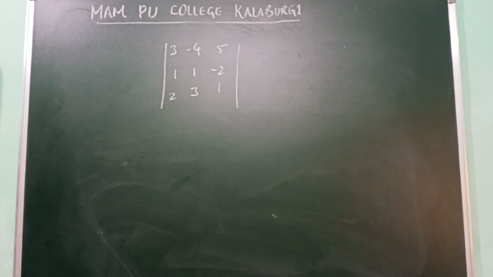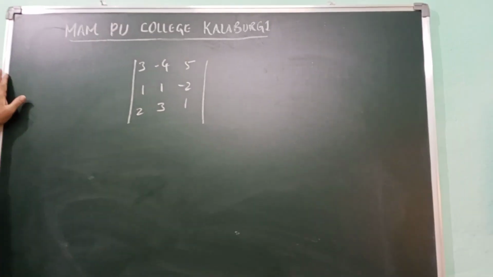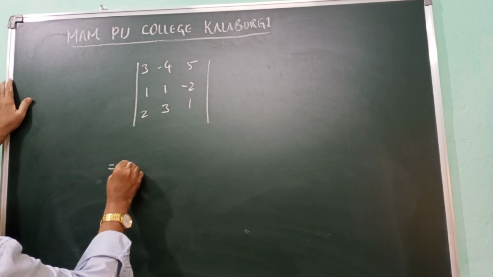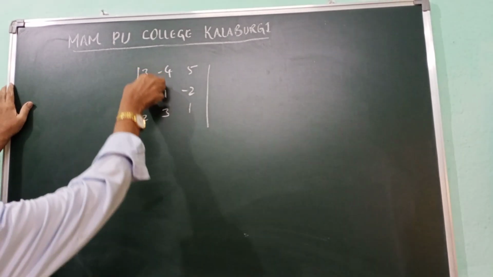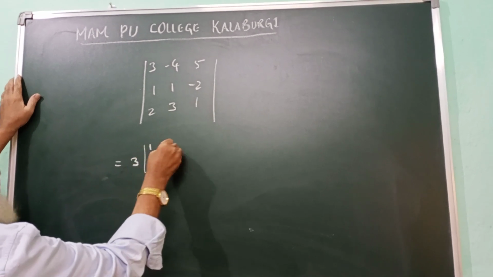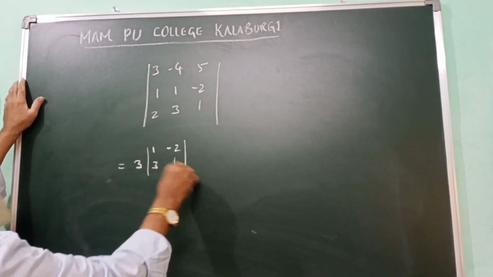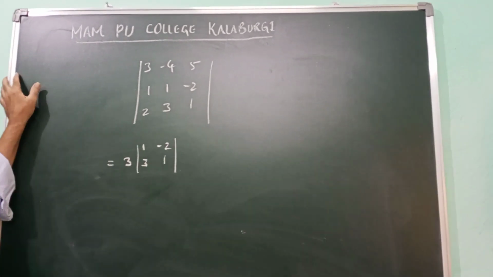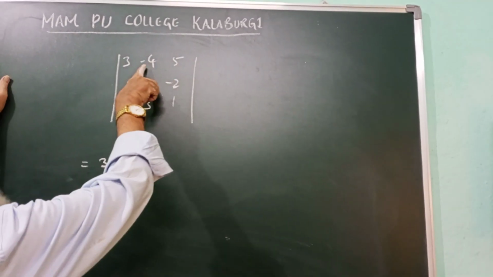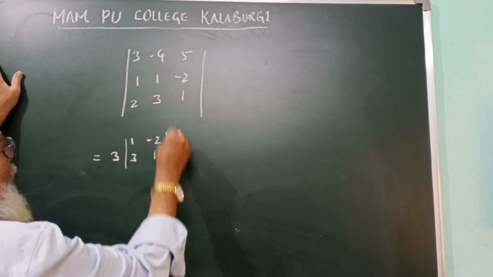So here let us expand by first row wise. First row wise we have a positive sign for this 3. We delete the column, we delete the row. What remains is 1, minus 2, 3, 1. Then row wise we are expanding. Second sign we have is negative, appropriate sign negative. Minus of this minus will be plus.